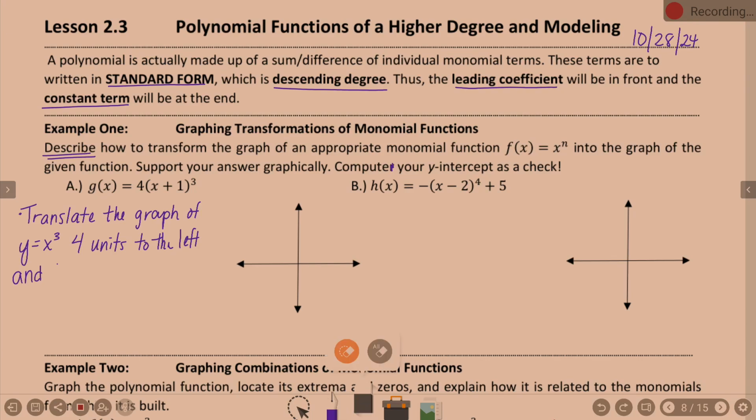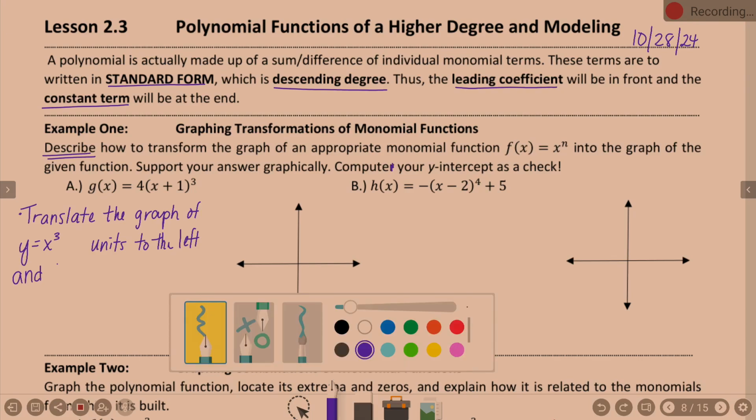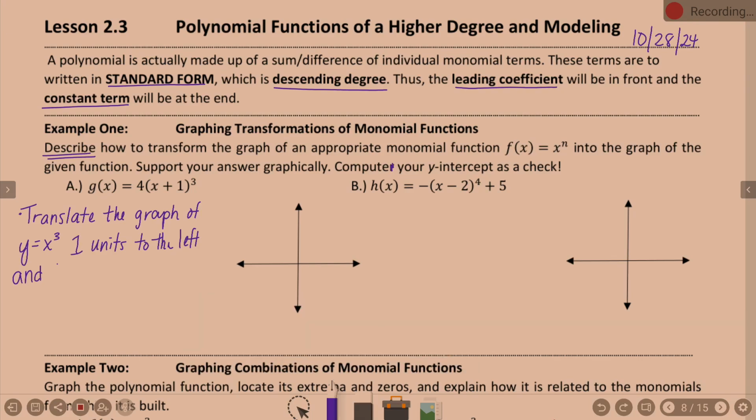Yep. Okay. I agree. I think you computered it wrong. I did computer it wrong. Okay, translate the graph of y equals x cubed, 1 unit to the left, and vertical stretch by a factor of 4.